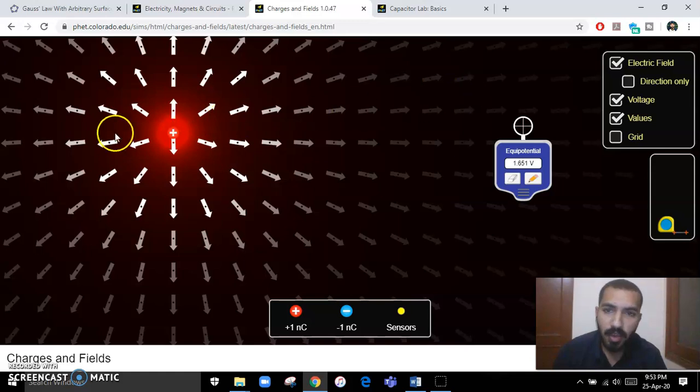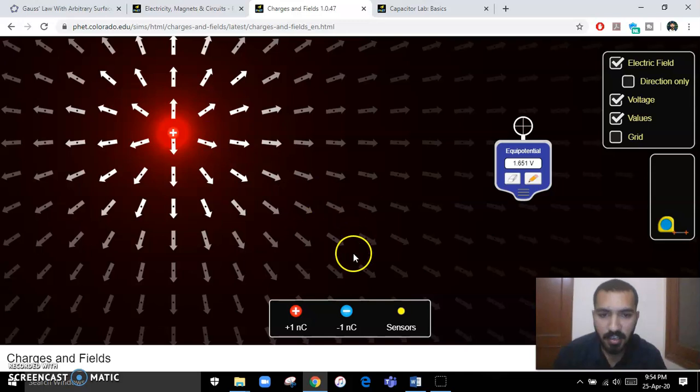So the field around this charge is very strong, and when we move away from the charge, both the field and the voltage decrease.